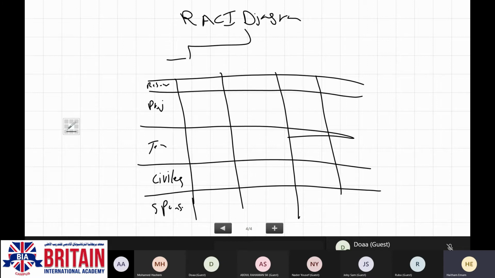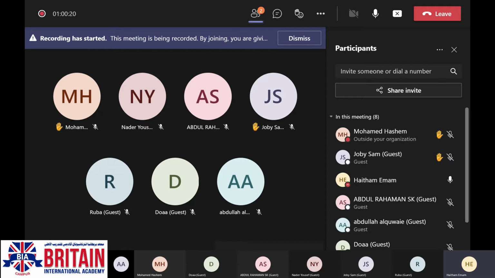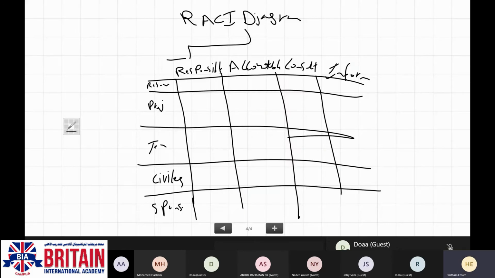RACI stands for responsible, accountable, consult, and inform. So when it comes to a certain task, let's say that is task 1.